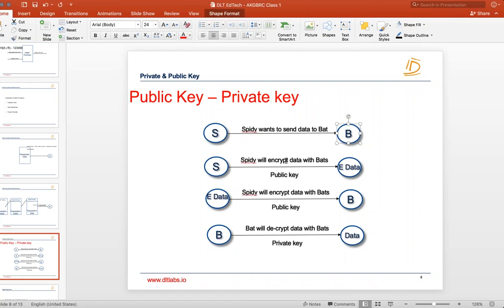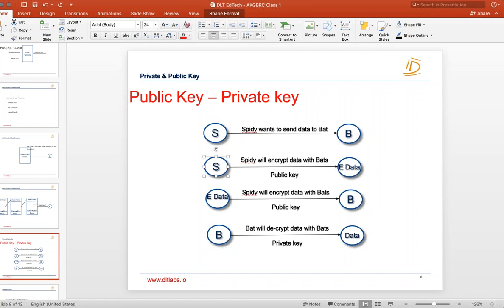There are certain algorithms. Again, you need not know how to encrypt it, but there are ready-made algorithms available. Spidey will take the public key of Bat, encrypt the data using the public key of Bat, okay, and that encrypted data Spidey will send to Bat. So the encrypted data goes to Bat.